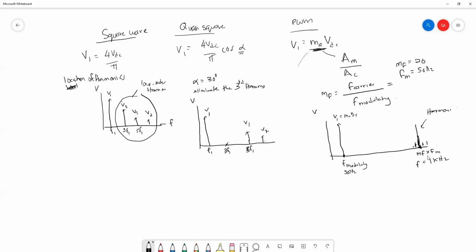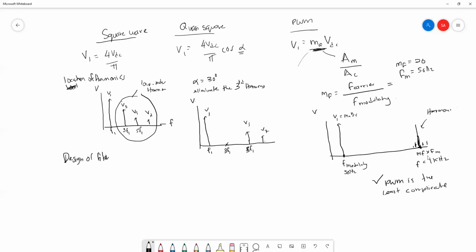So in terms of filter design, PWM is the least complicated.